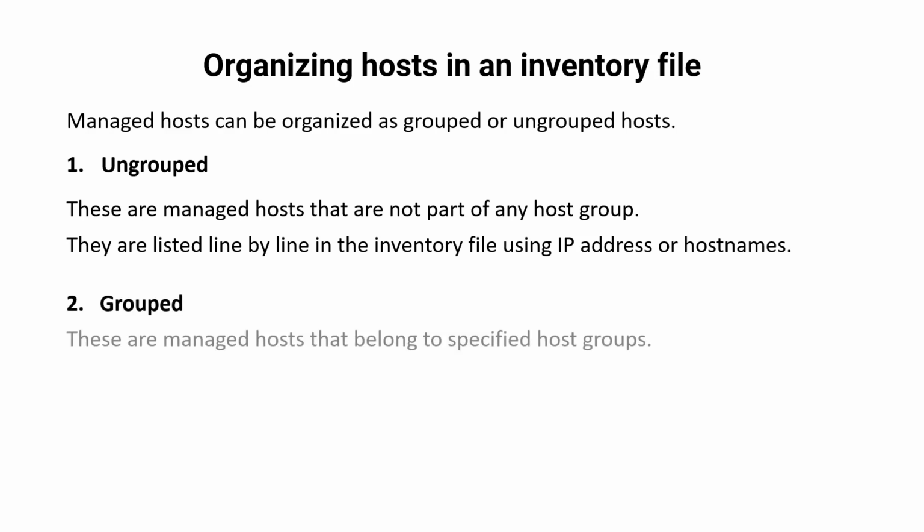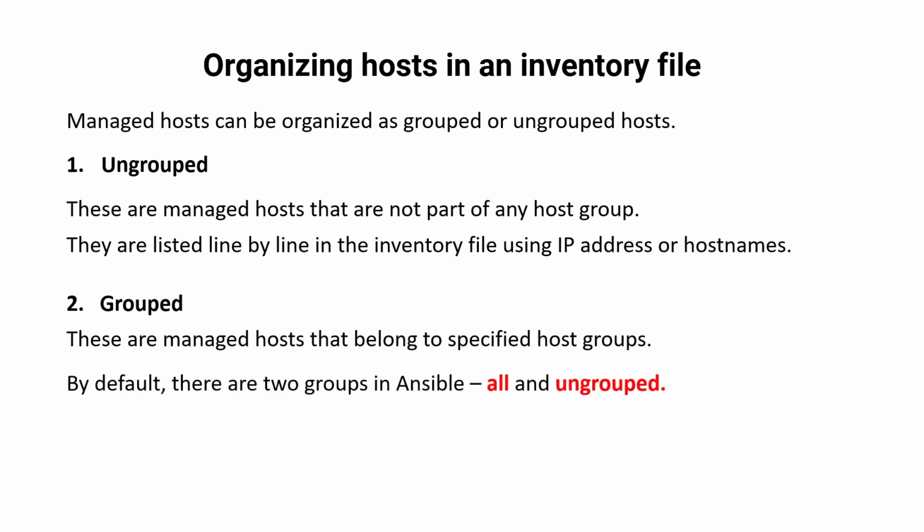Now for the grouped hosts, these are managed hosts that belong to specific host groups. So these are categorized into their own specific host groups. And by default, Ansible provides two groups. We have the all group and the ungrouped group.